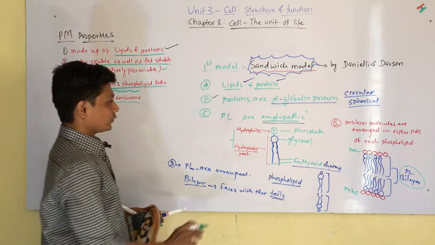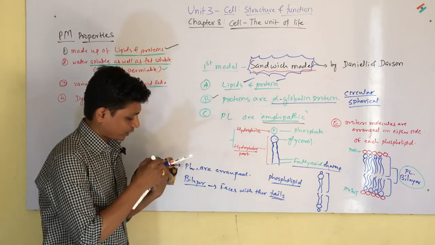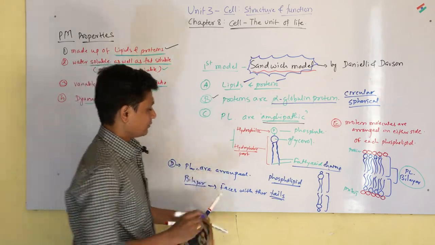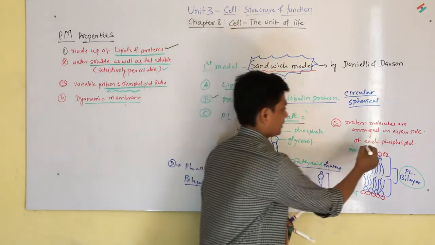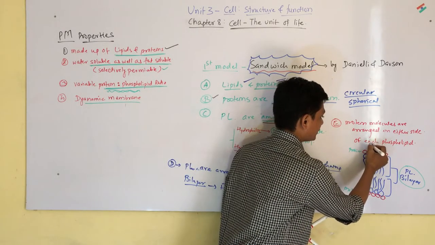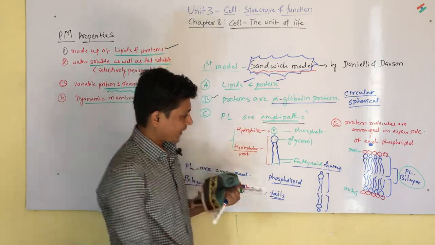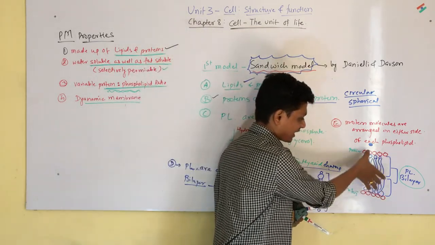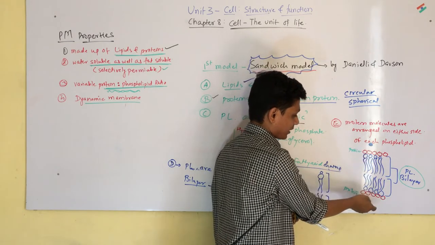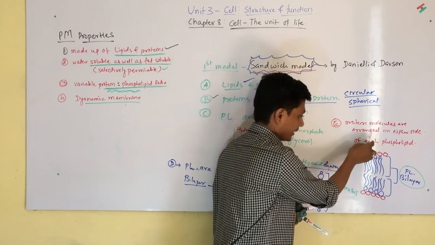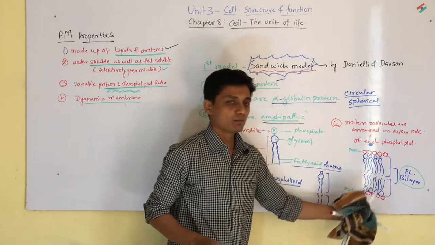Before going toward that, I just want to recall a point for you. Suppose here is one water molecule, and this water molecule wants to enter inside the cell. This is the plasma membrane. To enter the cell, it has to cross the plasma membrane.